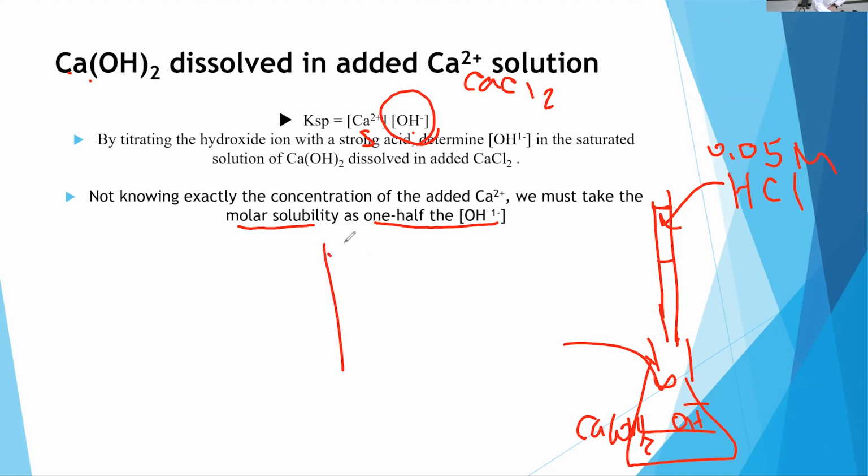For the second one, if you use slightly less HCl, okay, use less HCl, that is going to tell us the solubility has changed. So in general, solubility is going to decrease because of the presence of the common ion of calcium.